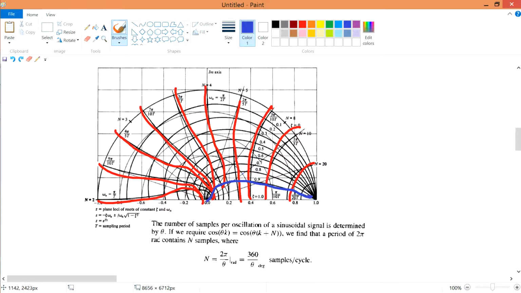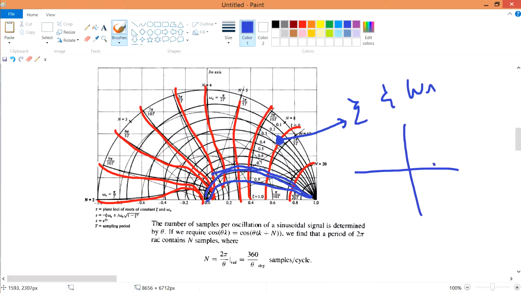The damping factor is this line over here. It's all this line, I think you get what I mean already. When your damping factor and your natural frequency intersect, this means that this is the point on your z domain, or your circle over here.